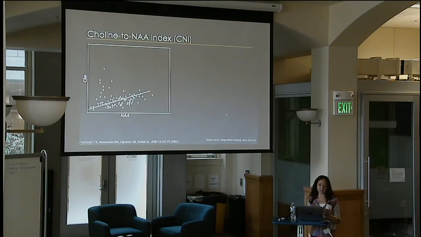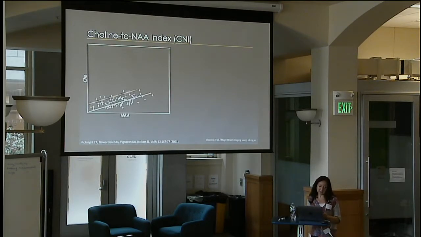We then typically quantify a measure of aggressiveness using the choline to NAA index. Basically, it's created from plotting all normal and abnormal voxels from as much of the brain as you can acquire. You do an iterative approach that removes voxels that are above 2 standard deviations.